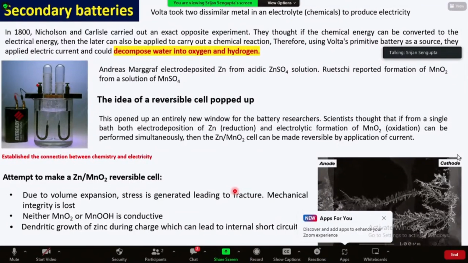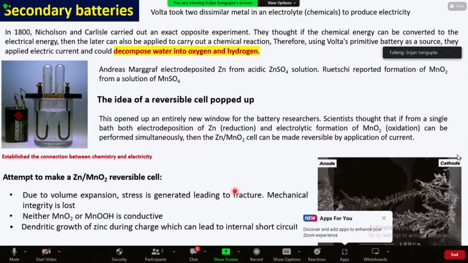So these two persons, Nicholson and Carlisle, thought, why not conduct exactly the opposite chemical chain. So they used electrical energy for electrolysis of water and came up with hydrogen and oxygen. And they proved that electrochemistry is a thermodynamically reversible process, that you can also use electricity to conduct a chemical change.